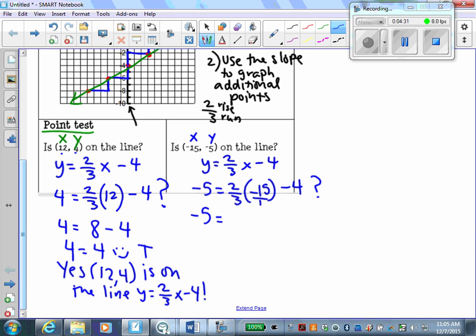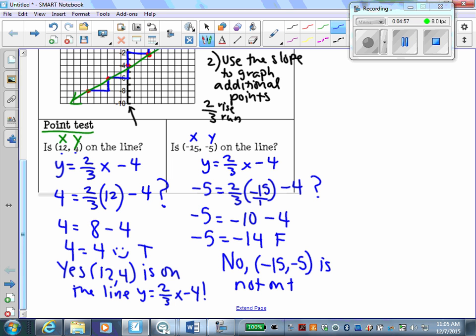So 2 times -15 is -30. Then I divide it by the bottom, which is 3 times 1, which is 3. So -30 divided by 3 is -10 minus 4. And then that ends up being -5 equals -14. That is false. So we say no. The point (-15, -5) is not on the line y equals 2/3 x minus 4.